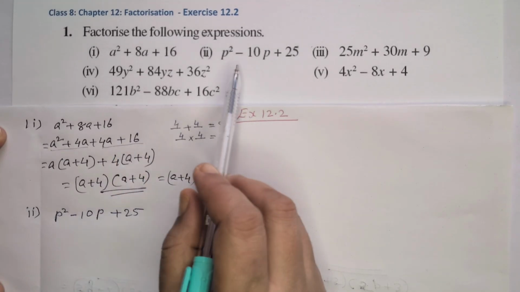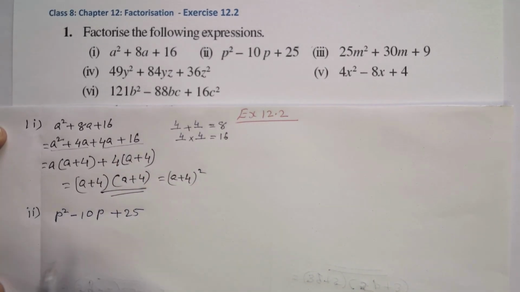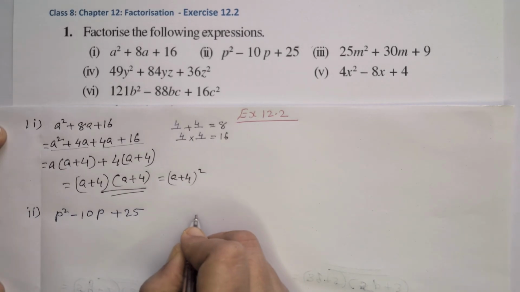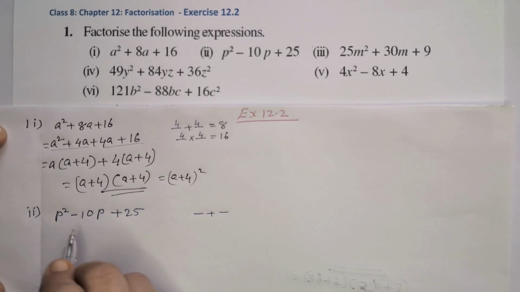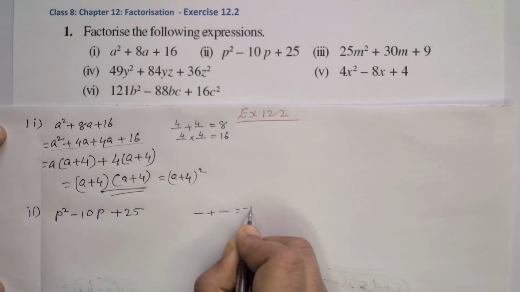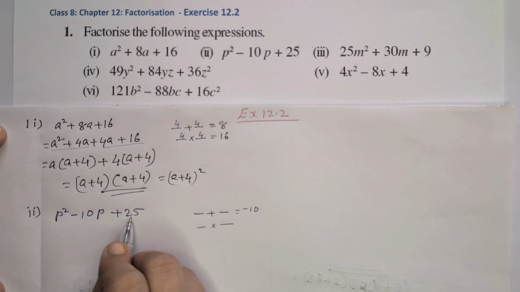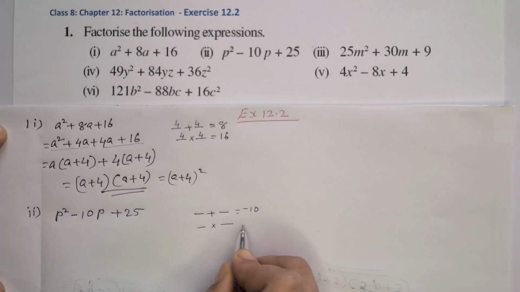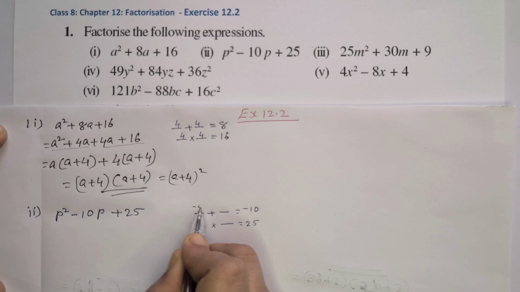Second question, p square minus 10p plus 25. Here also by splitting the middle term we have to factorize. For that, the sum of two numbers is minus 10, including the sign, and the product of two numbers is equal to 1 into 25, 25. So we know the numbers as minus 5 and minus 5 we are taking.